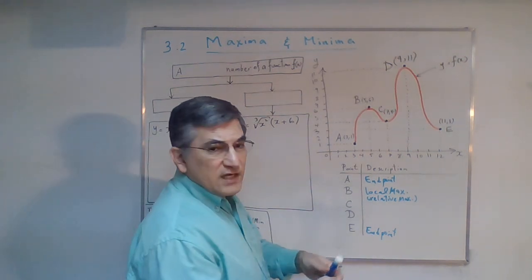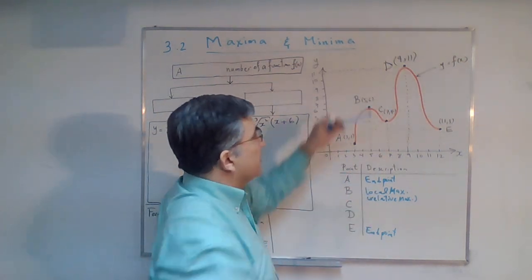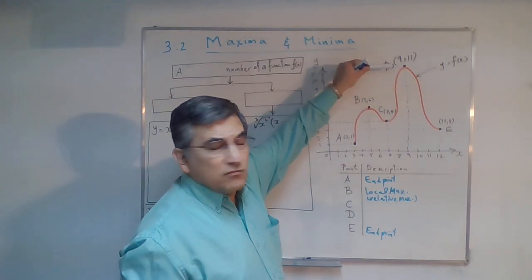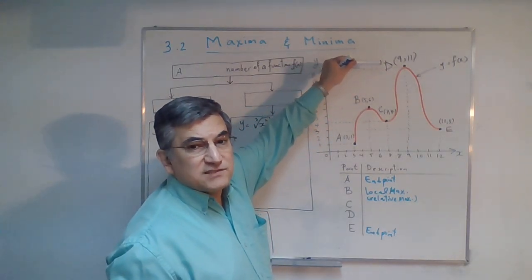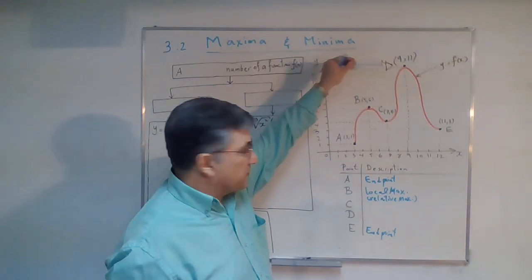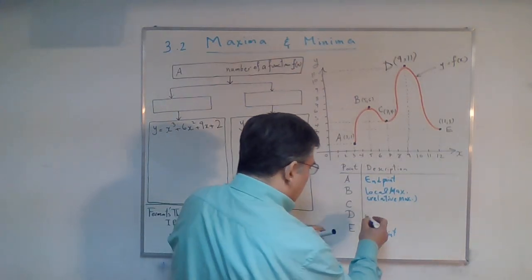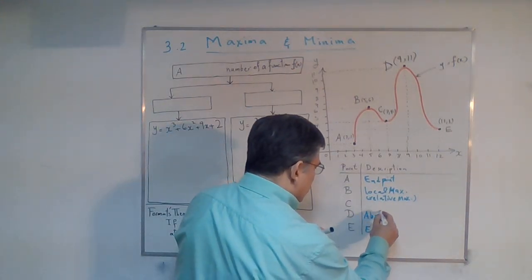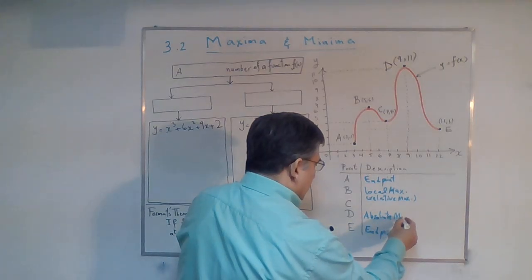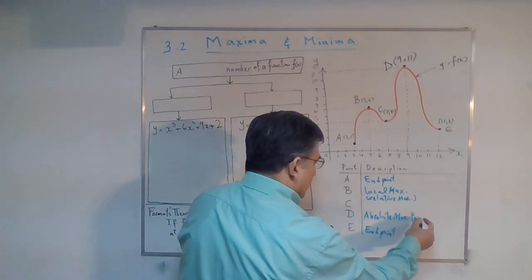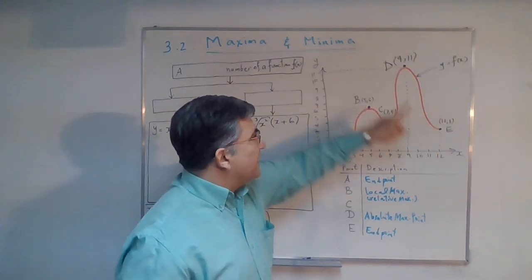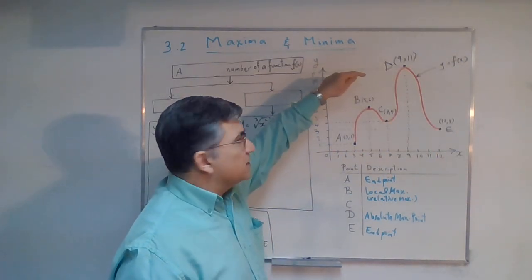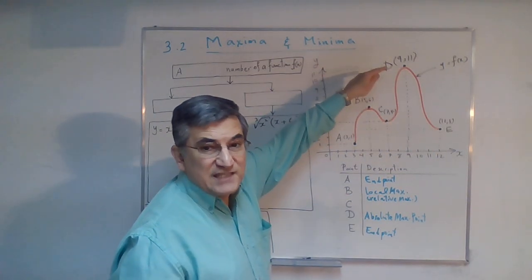So these kind of points with the absolute maximum y value are known as absolute maximum points, such as point D. So point D is called an absolute maximum point. Okay, why? Because if you look from point A to point E, that is the only point whose y-coordinate is the highest ever, and that's 11 actually.